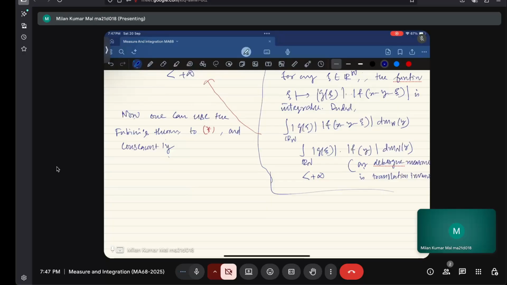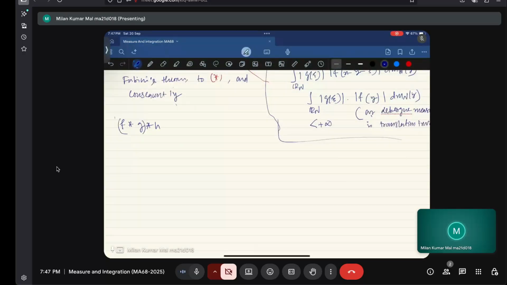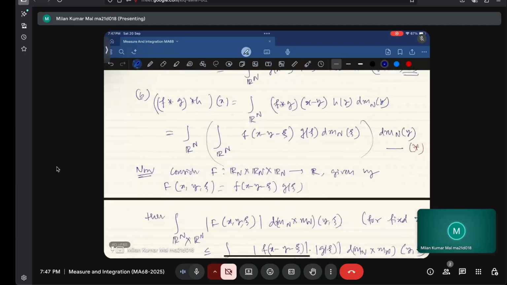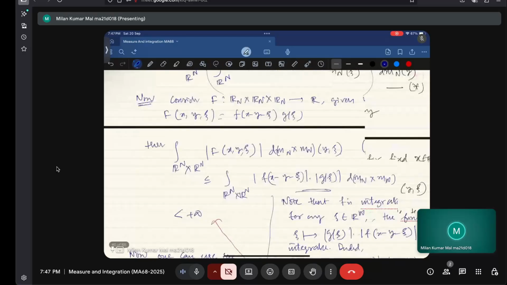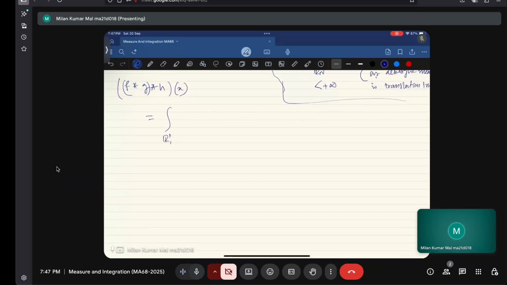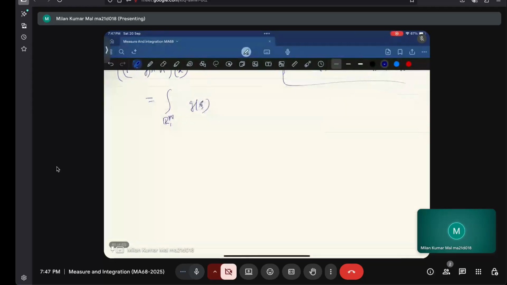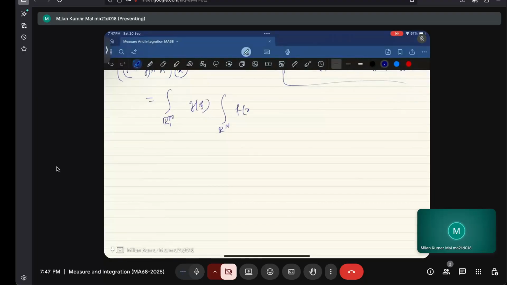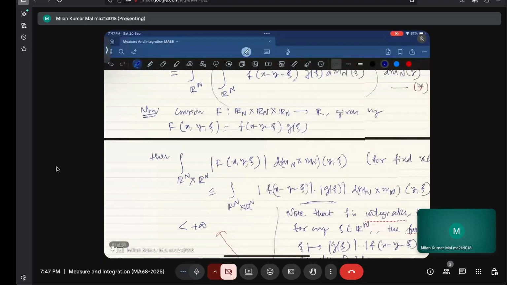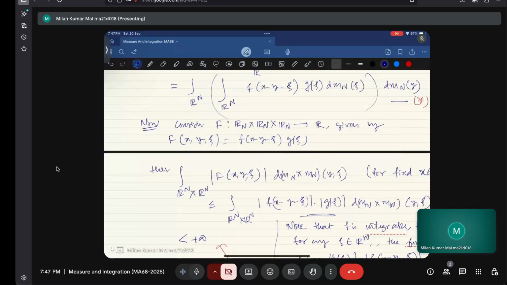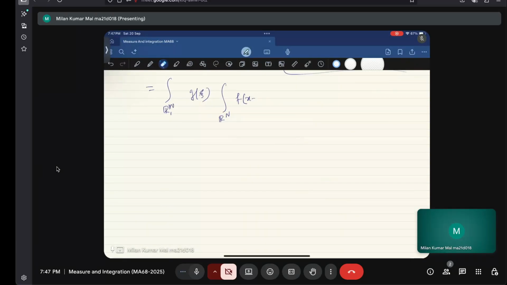mod of f star g star h at the point x is equal to, one can interchange the integration, integration over R^n g of xi, integration over R^n f of x minus y minus xi, dmu y.